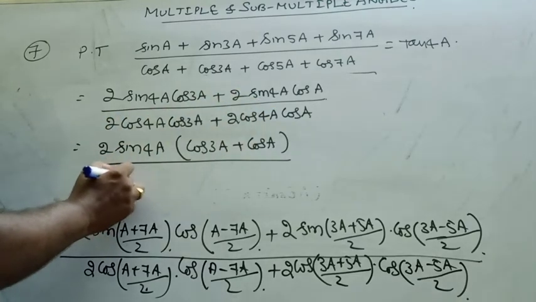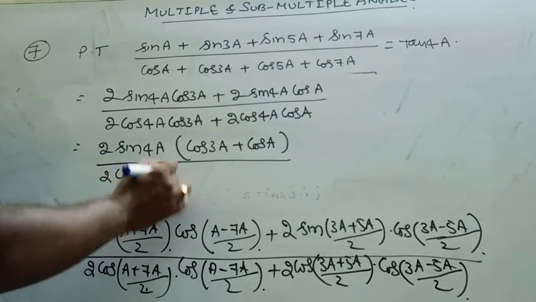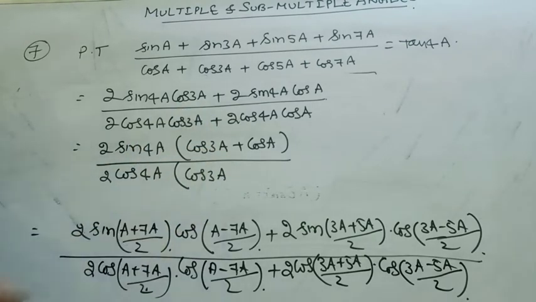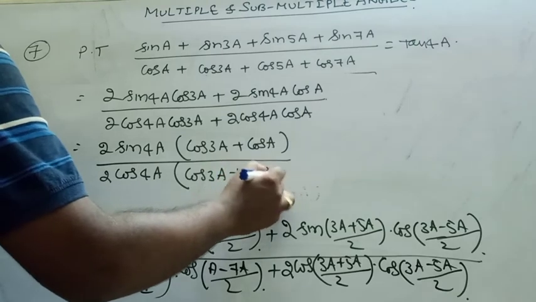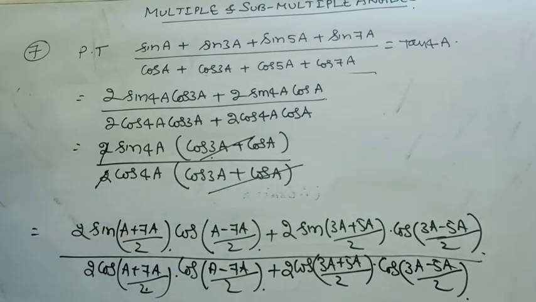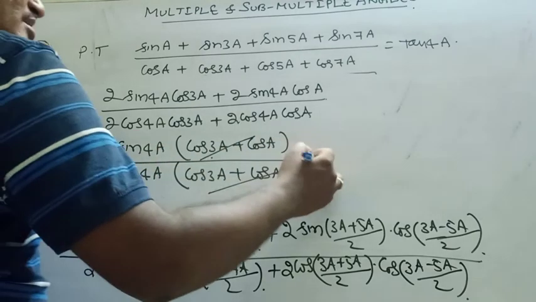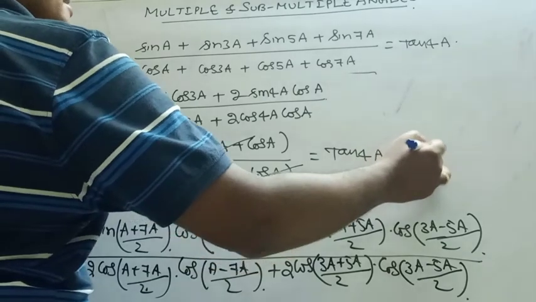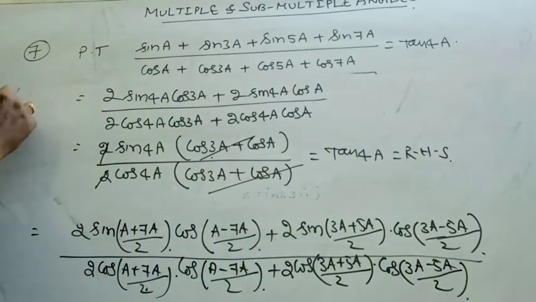You take 2 cos 4a as common, then what you are going to have is cos 3a plus cos a. Fine. And this we can cancel. 2 will cancel. Sin 4a by cos 4a, that is tan 4a. That is the right hand side part. You have taken the left hand side part and you got the right hand side part in this beautiful way. Right, my dear students?